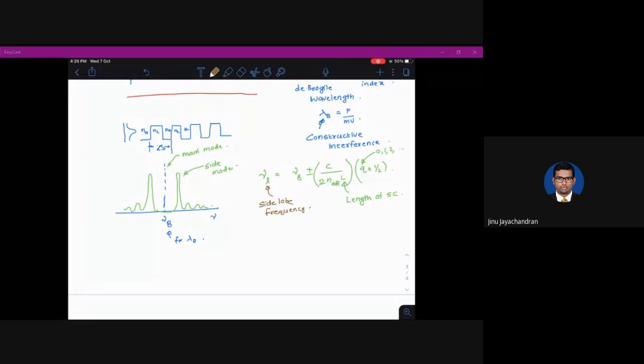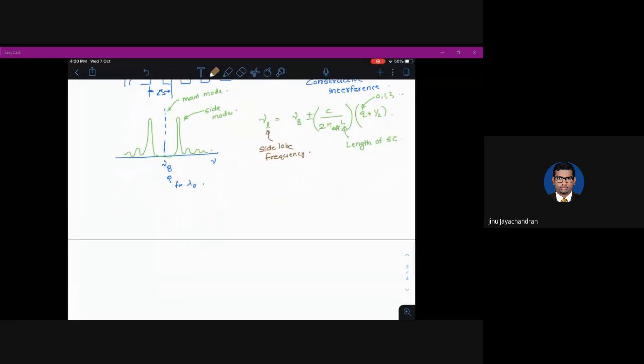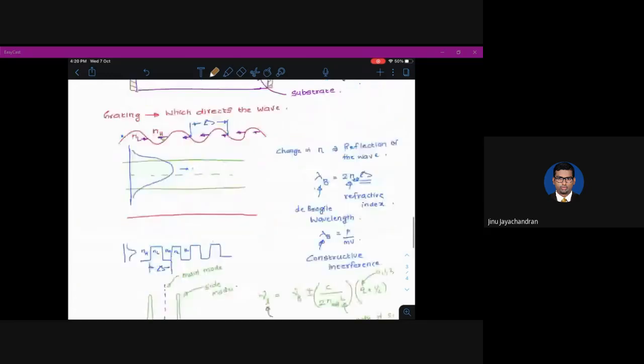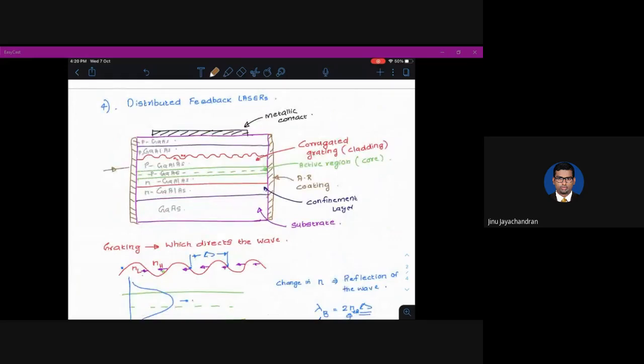You can always suppress side lobes, but the main issue is that the frequency will change according to the injection current. As you change the injection current, you are providing current from the top because the metallic contact is on the top.